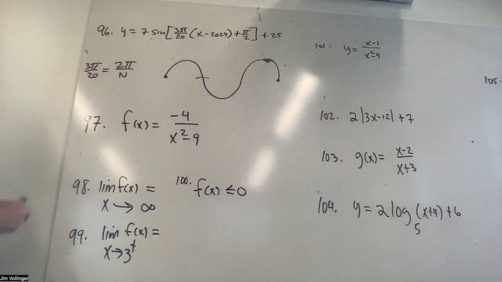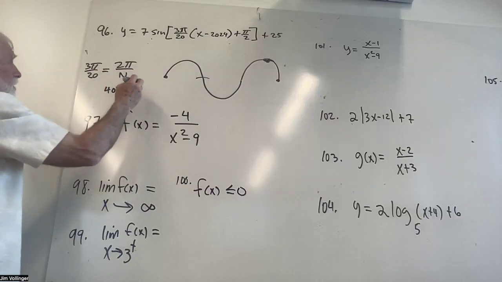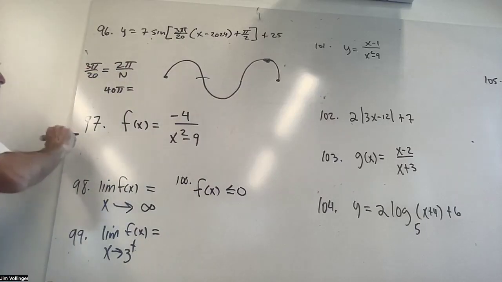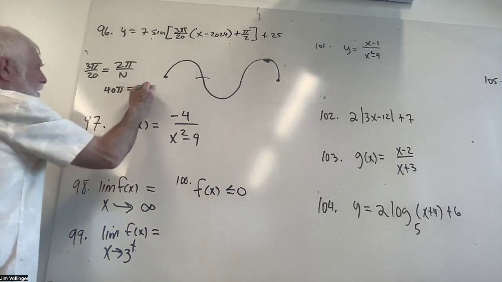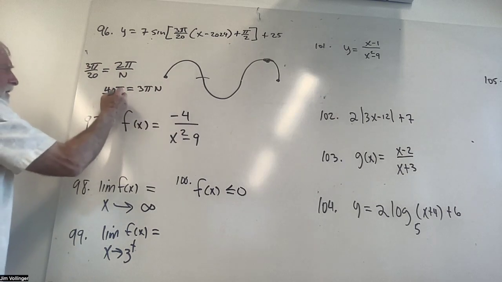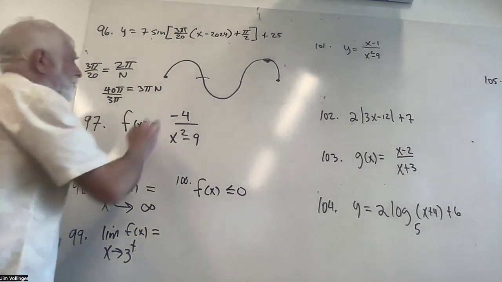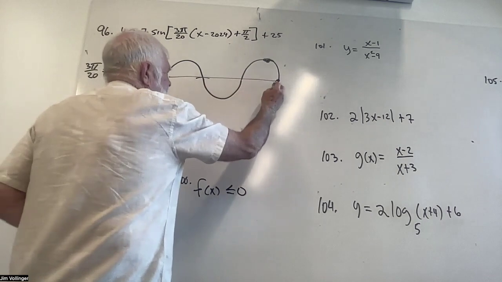I think, if I'm not mistaken, that's 40 pi cross multiplication equals, I wish I picked an even number here for you the first time doing this. 3 pi n. So I'm going to divide by 3 pi. And so 40 divided by 3, 13 and a third. It's going to take me 13 and a third units to get to here.